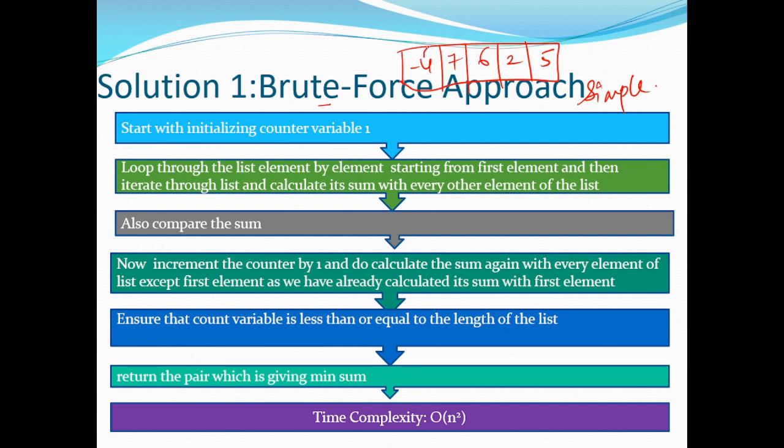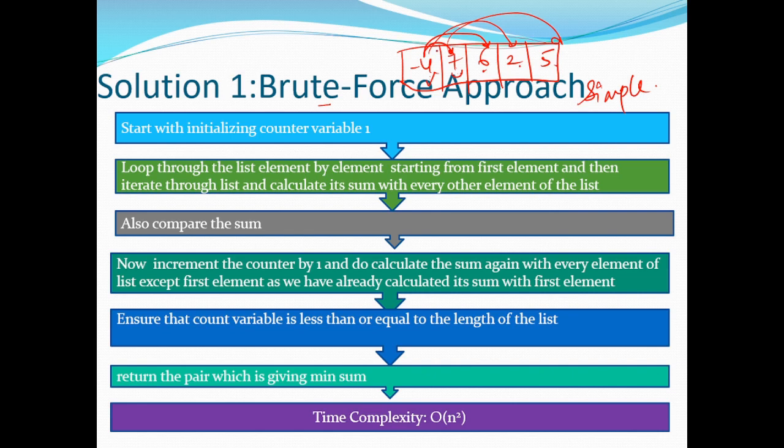First we will calculate the sum of -4 and 7, then -4 with 6, then -4 with 2, and then -4 with 5. One loop will be the inner loop which calculates the sum of the other elements, and the outer loop will start from -4, then 7, then 6, then 2, and then 5.